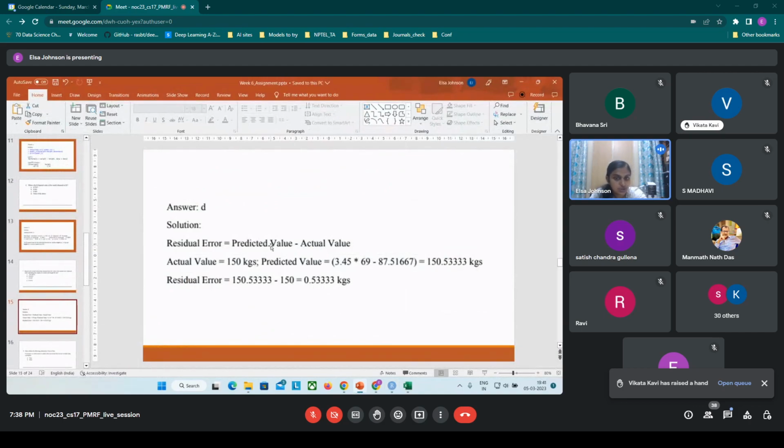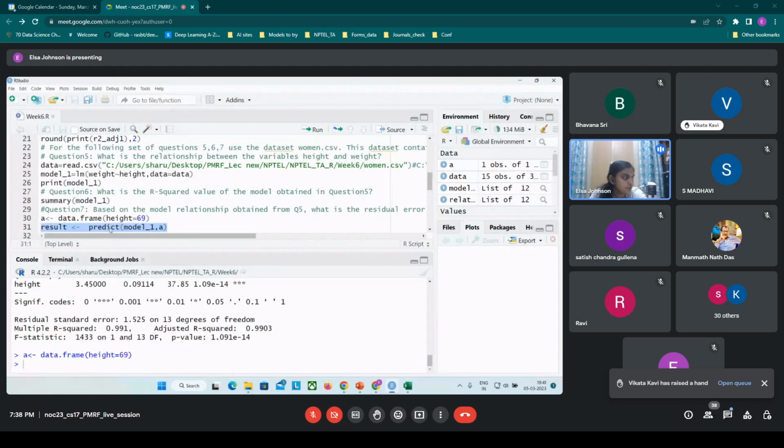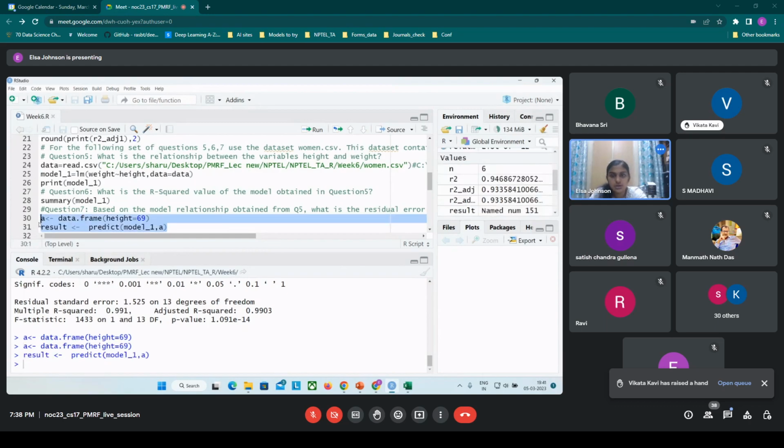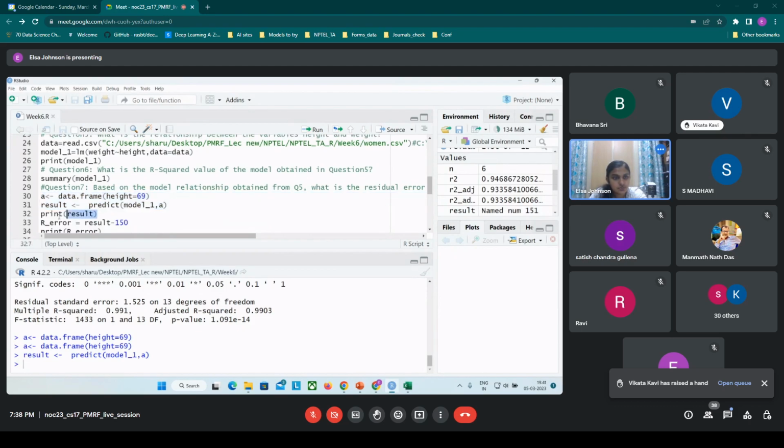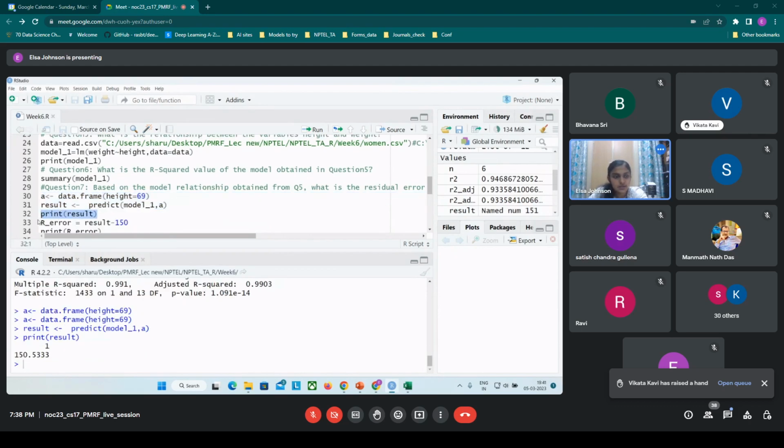To get the predicted value, we will use the syntax predict, model 1, which is the model created from your data, and A, the input you're giving. If you run these two, you'll get the result. If you print that, it comes to 150.533.